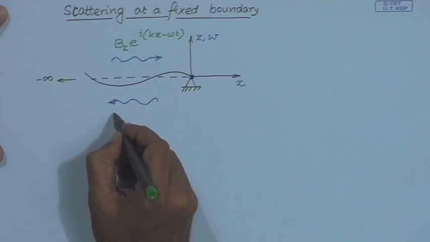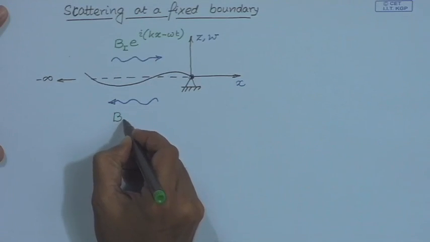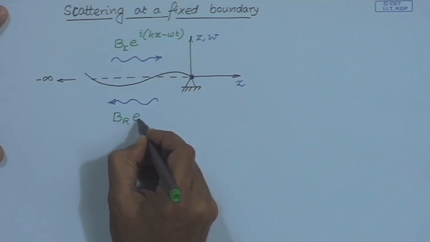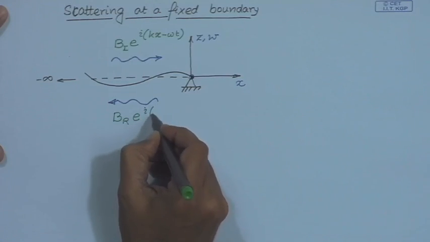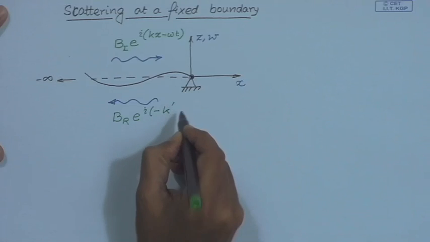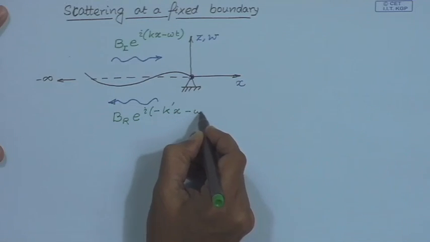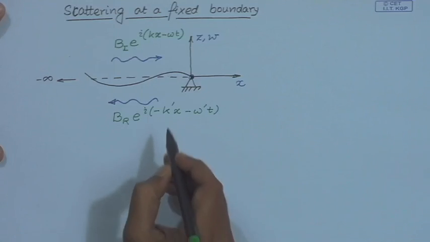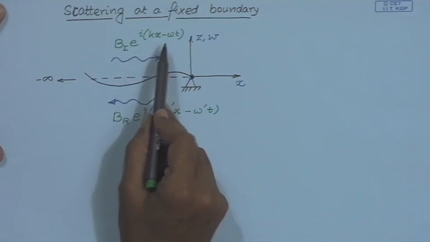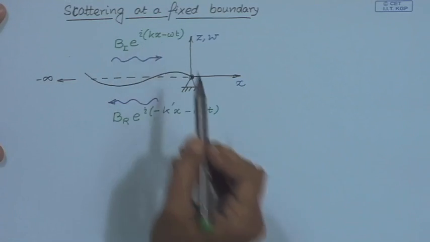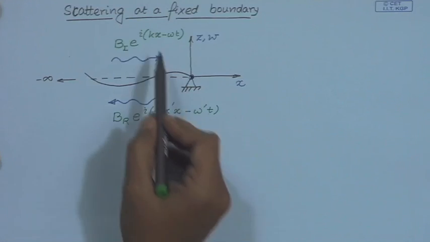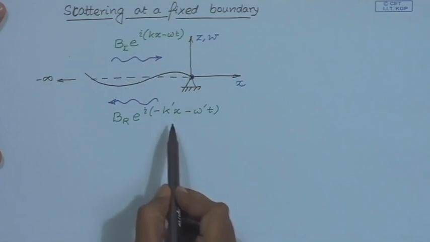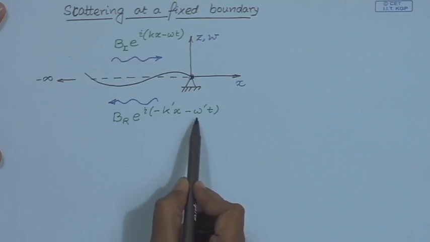let us consider that the reflected wave is represented by this expression. Here I have used k and omega for the incident wave, the wave number and the circular frequency of the wave, whereas for the reflected wave I am using k prime and omega prime.